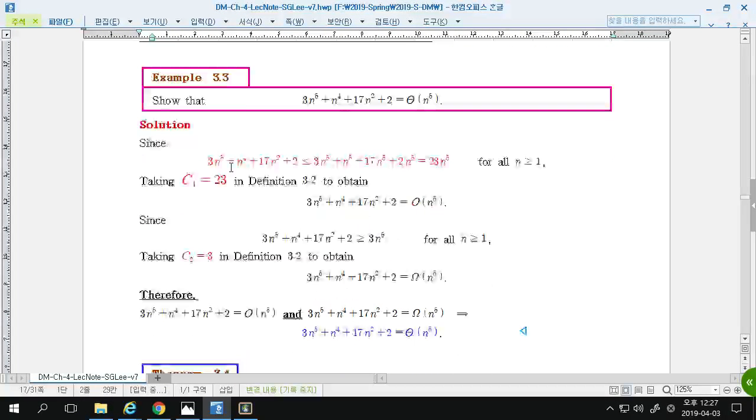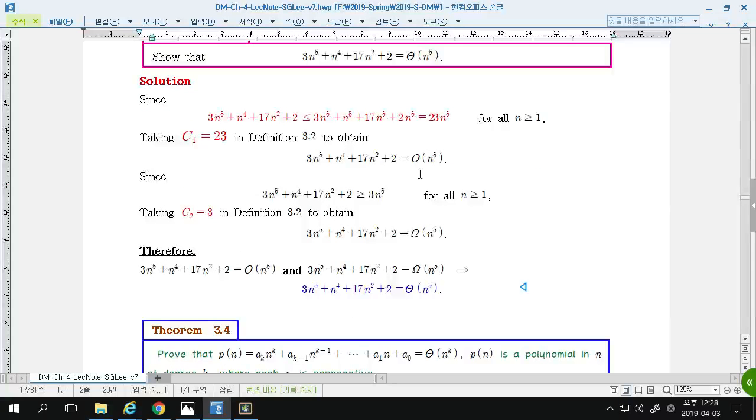Example 3.3. Show that this polynomial is equal to theta of n to the fifth. So what do we have to do? We have to find the upper bound and the lower bound.